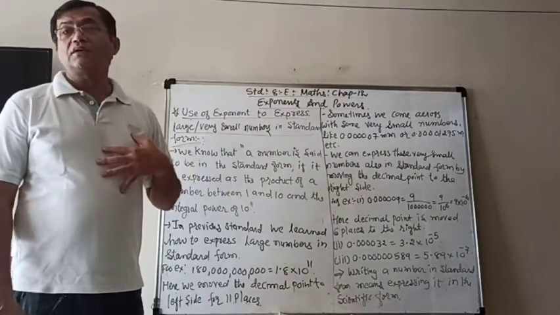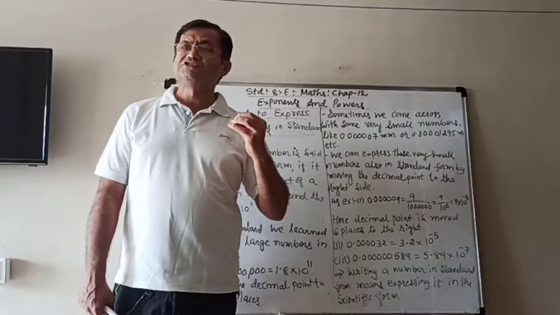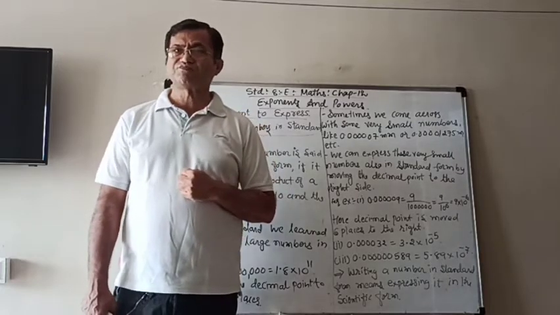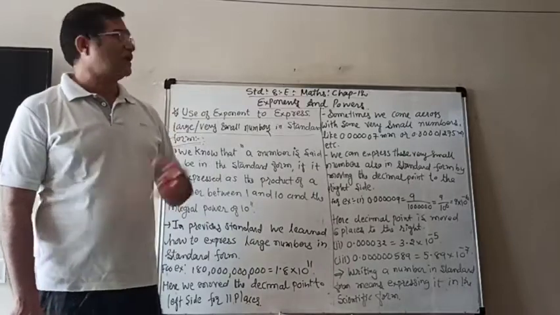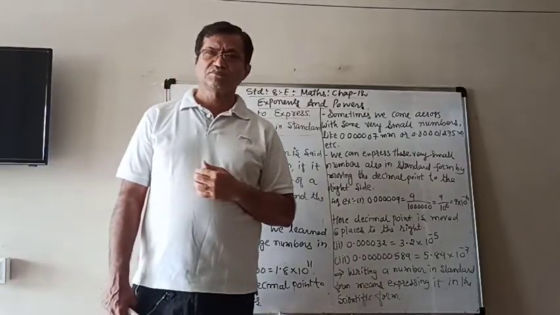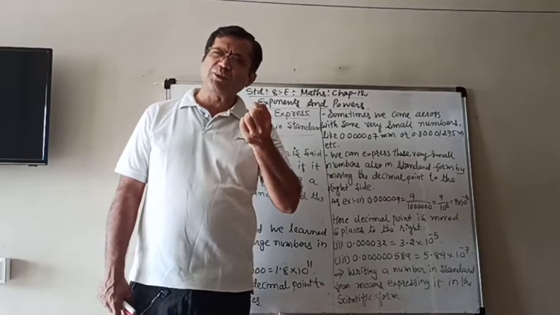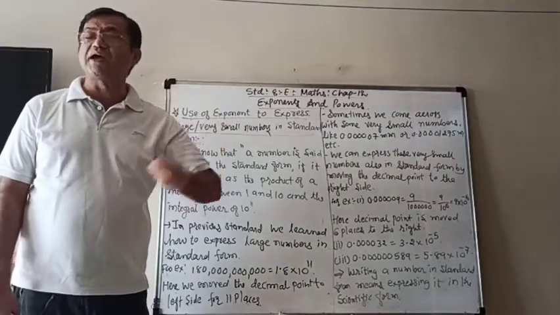But now, sometimes we have very small numbers also that we have to deal with. For example, the thickness of a page, it is written as 0.000 millimeter and something. Thickness of your hair.